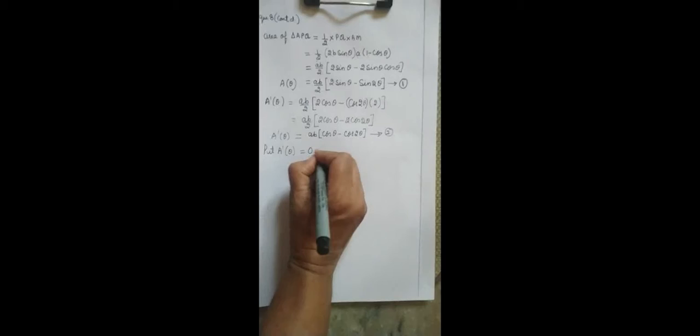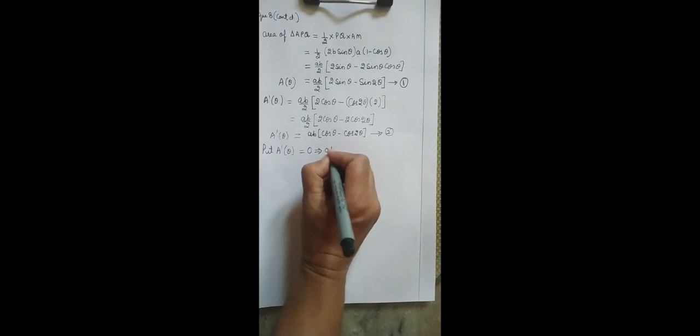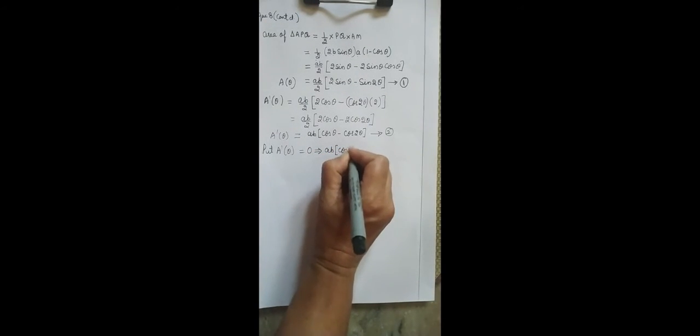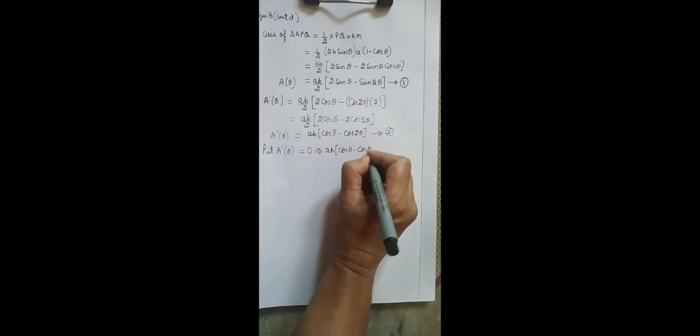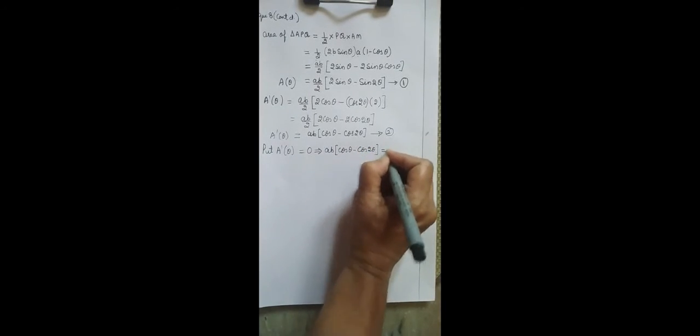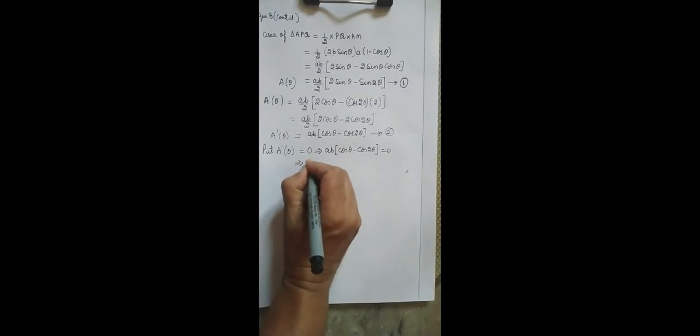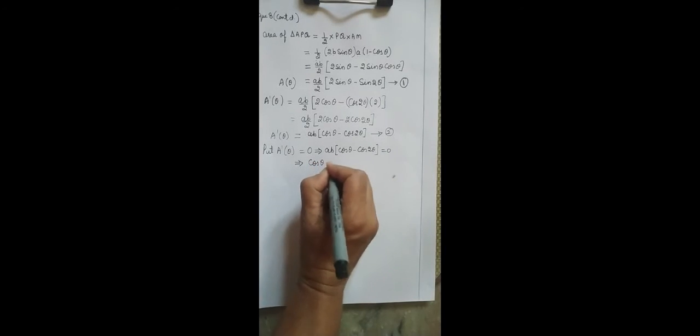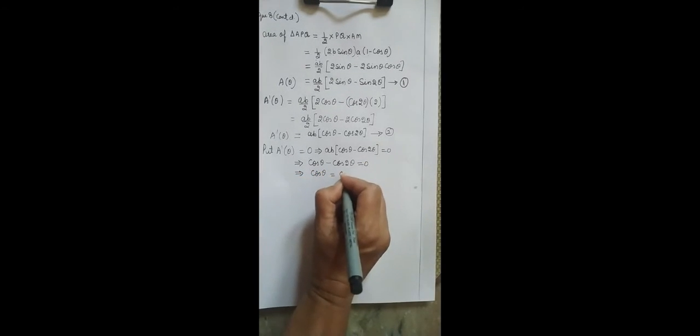Now the second step is finding the critical points, for which I will substitute A dash theta as 0, which implies A into B cos theta minus cos 2 theta is equal to 0, which implies cos theta minus cos 2 theta will be equal to 0, which implies cos theta is equal to cos 2 theta.